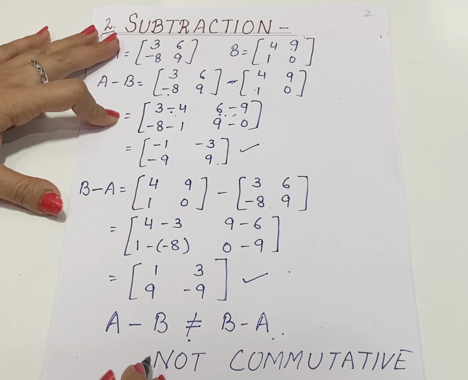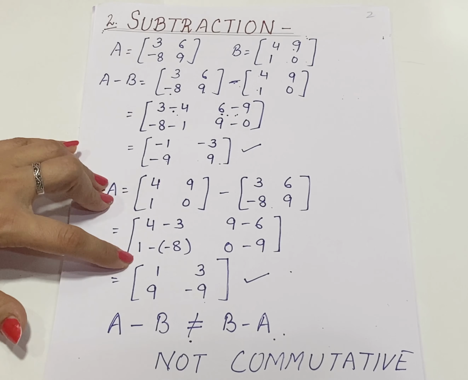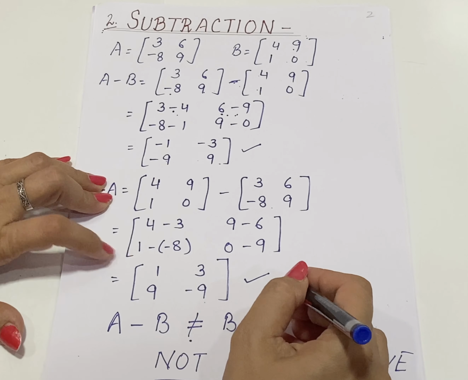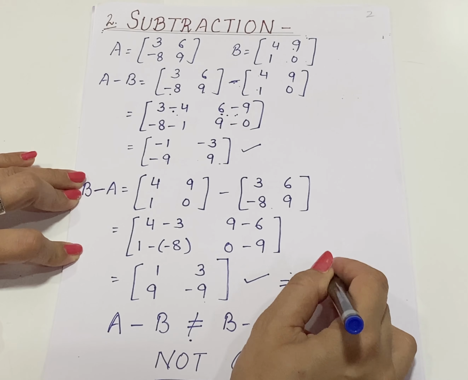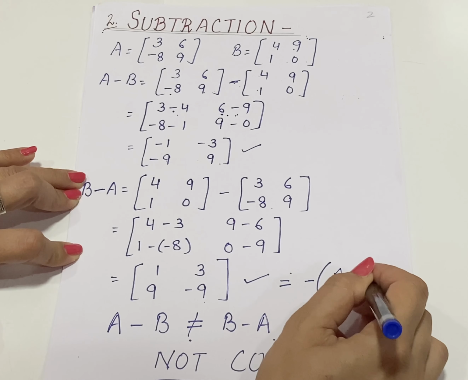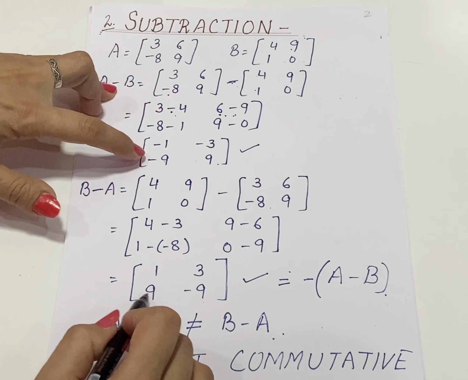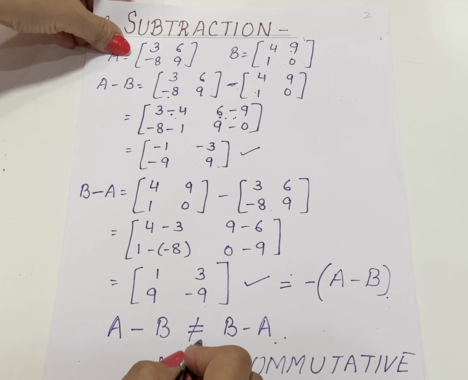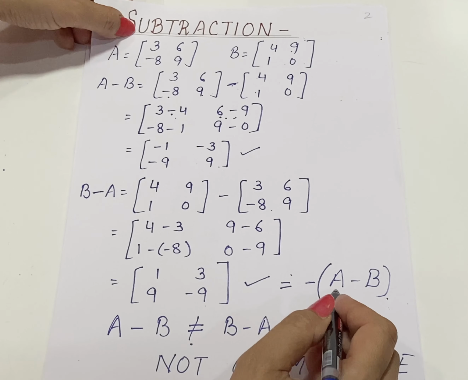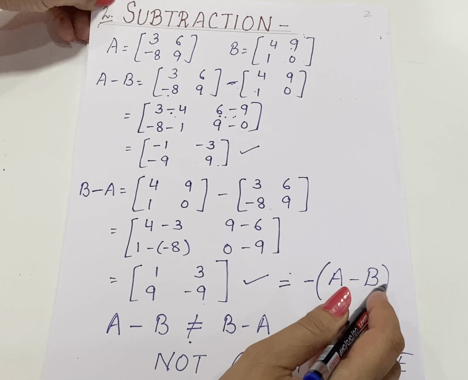That means the subtraction of matrices is not commutative. You can see what the difference is. The difference is of the sign. Right? You can see the elements differ by a negative sign. So A minus B is not equal to B minus A, and B minus A is equal to minus of A minus B.